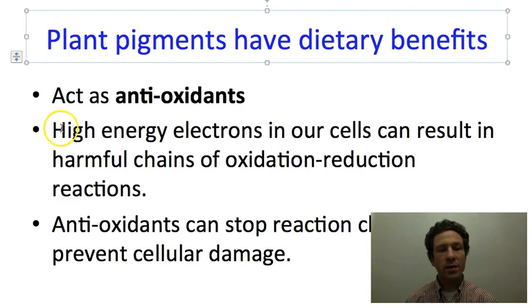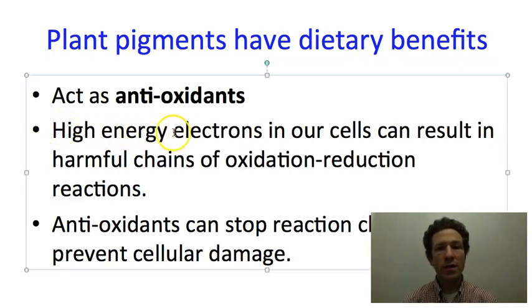It turns out that sometimes in our cells, there are electrons that have more energy than we would like, and they start to cause a chain of oxidation reduction reactions. So electrons get taken from one molecule and put onto another one, and then that molecule puts them somewhere else, and that molecule puts them elsewhere again, and that process can happen over and over again.